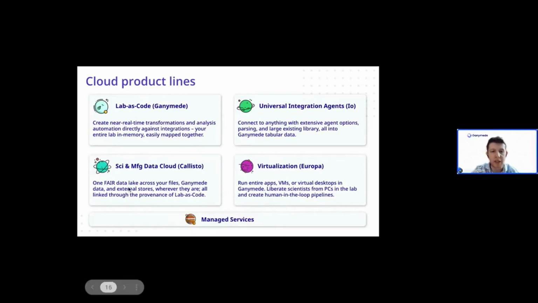The core data lake itself, one single FAIR data environment across everything that is touched and integrated. And then finally now, virtualization, the ability to run anything, not just code, but full applications and full VMs on top of this. This is all powered by our managed services, where although this is a very powerful tool for you to use yourself to build your company on top of, we also provide full service implementation to completely build out the integrations for you.